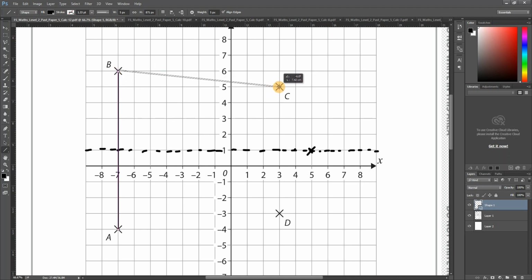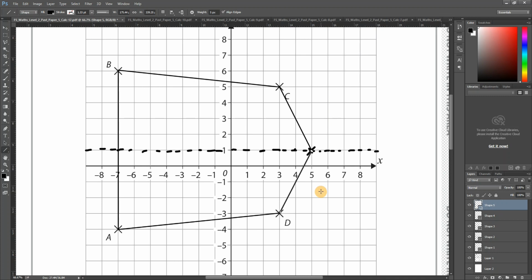That to that. That to that. Obviously, you guys use your pencil and ruler. That to that. That to that. Yep, there's your pentagon.